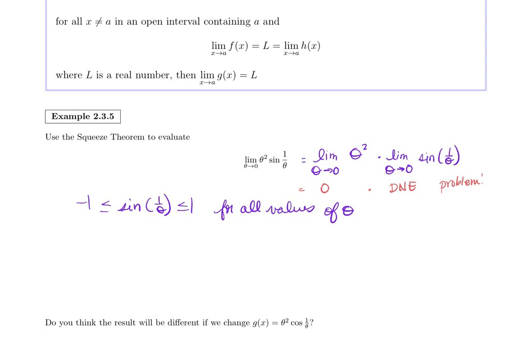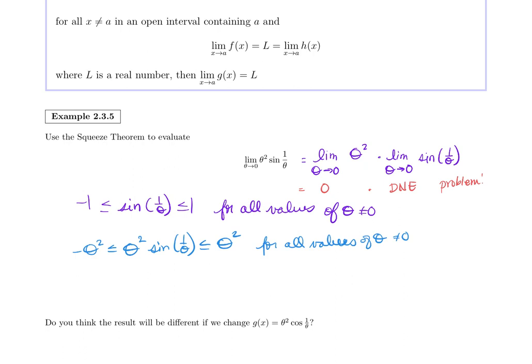If I take a theta squared and multiply it, I get negative theta squared then, must be less than or equal to theta squared times sine of 1 over theta, which must be less than or equal to 1 times theta squared, which would be theta squared, for all values of theta not equal to 0. I forgot to say that on the other one. Not equal to 0. So that would be true, right?